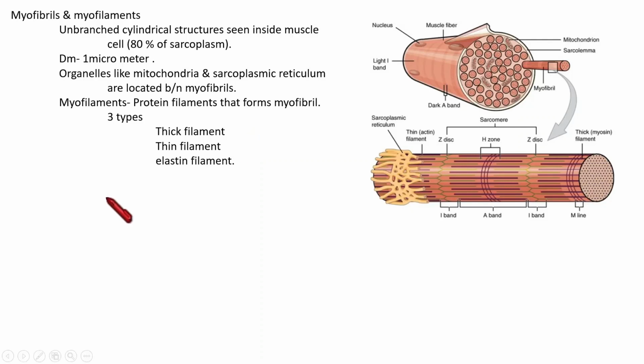To make the entire organization of muscle clearer to you, once more I am explaining everything in reverse order. Okay, let's see. The finest subunit of the muscle is the myofilament. So many myofilaments constitute a myofibril.